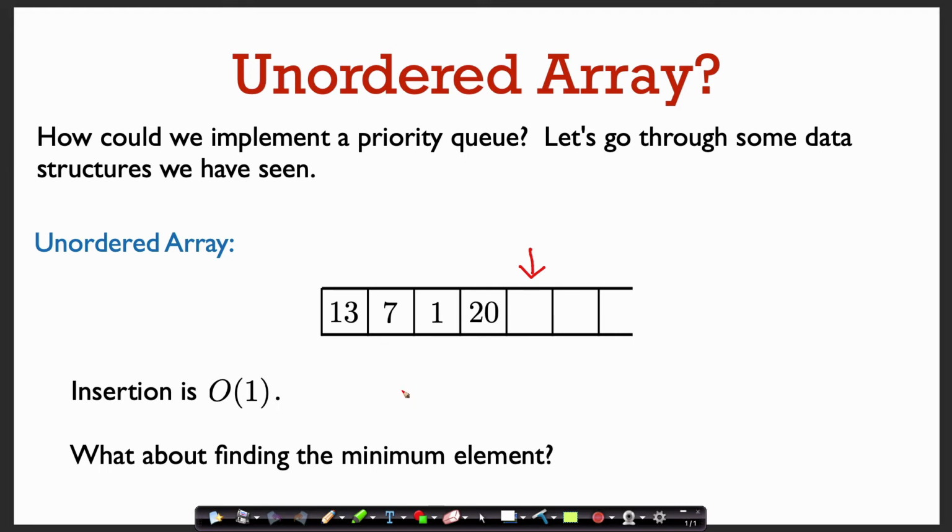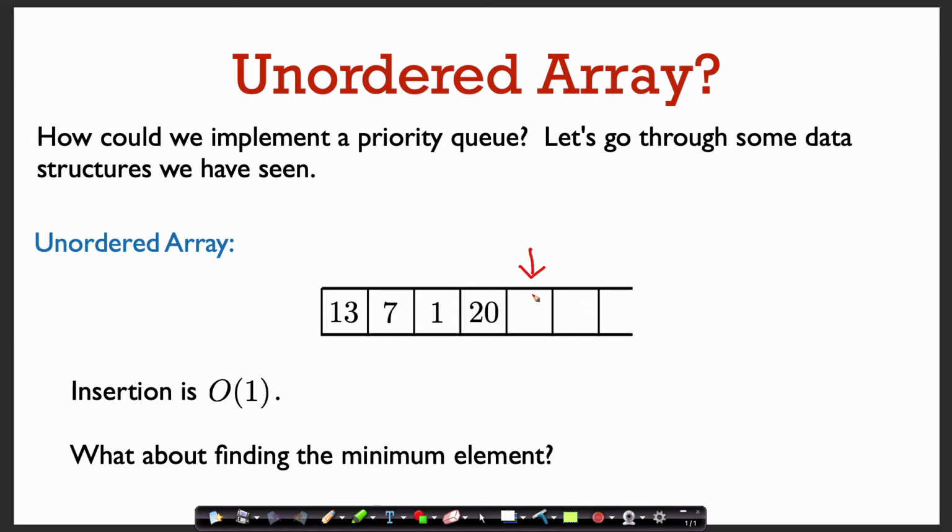But how about finding the minimum element, right? This delete or even the peek operation, just finding the minimum element in the array. Well, since the array is unordered, in order to find the minimum element, we're just going to have to cycle through each element of the array.